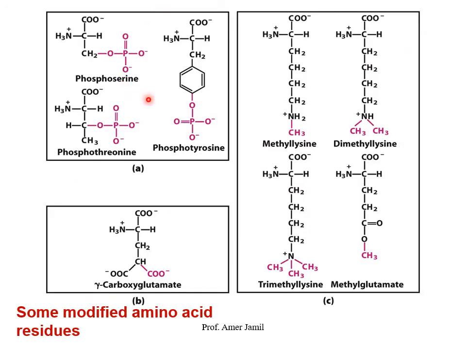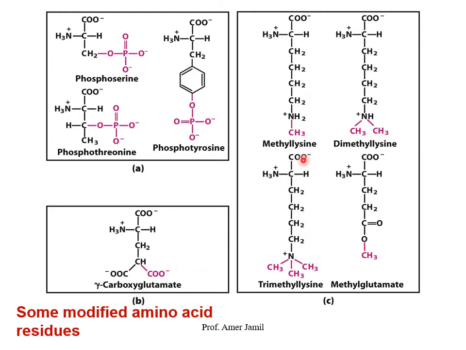Now, post-translational modifications are very important, and not all proteins are simple polypeptides as they are translated. There are multiple variations that exist in different proteins. Some proteins are phosphoproteins, so a phosphate group is added to serine, threonine, or tyrosine. Other proteins may contain gamma carboxyglutamate.